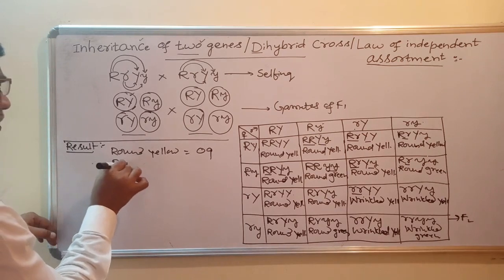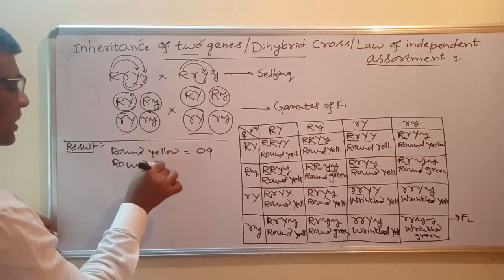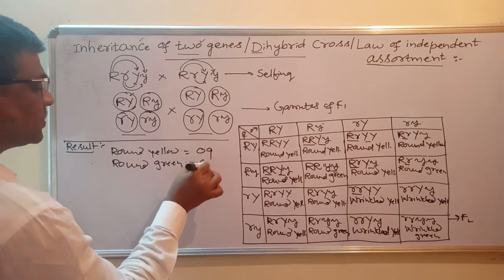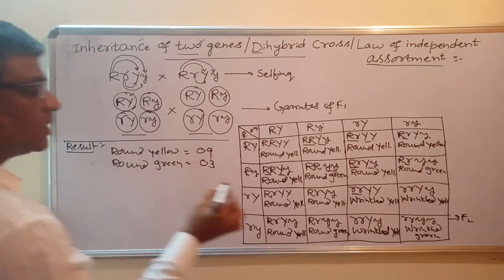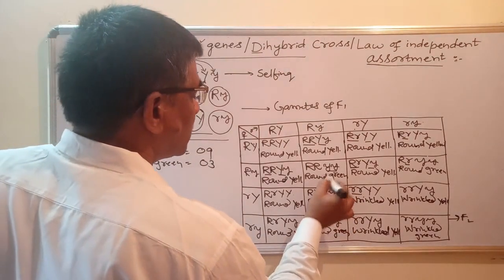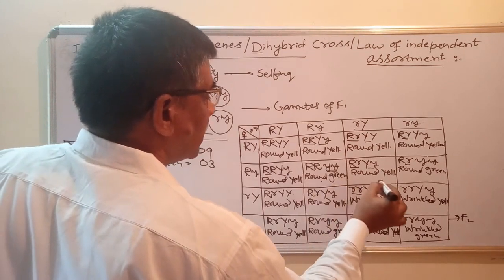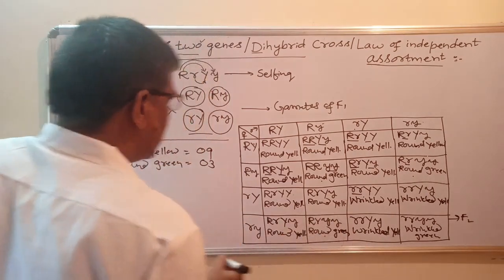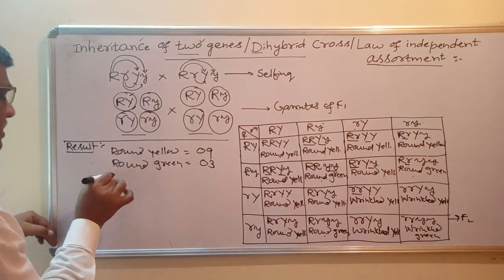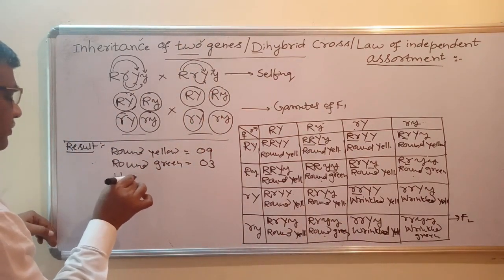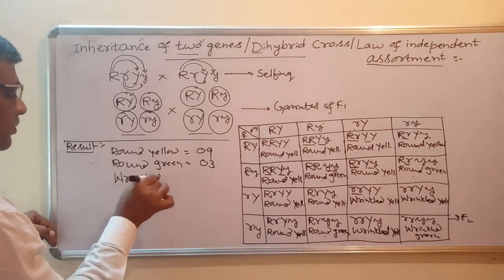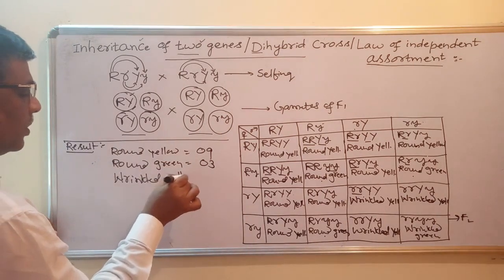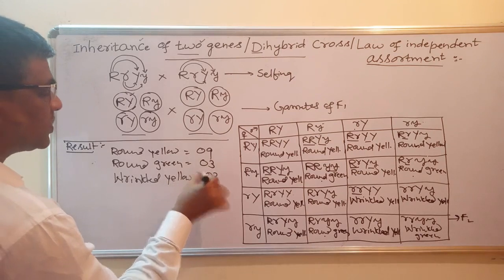Next, how many round green plants are there? There are 3: round green 1, round green 2 and round green 3. Next one is wrinkled yellow, also 3.